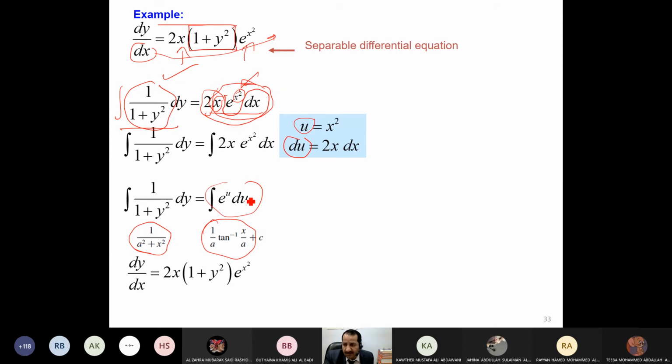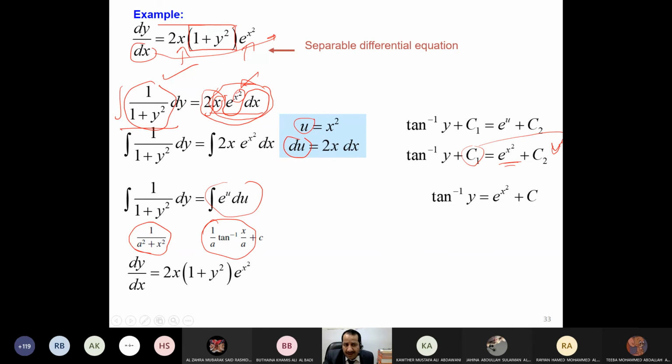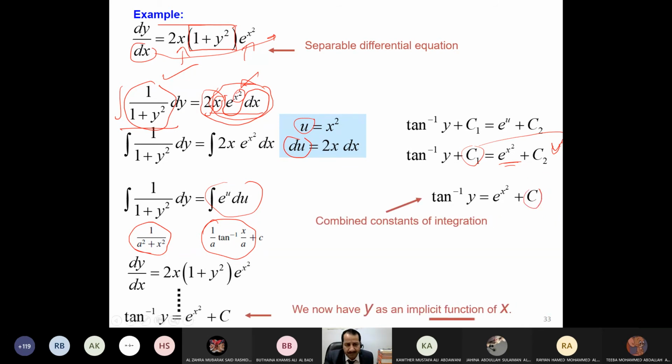Now this part can be directly integrated, it will be exponential u. Then if I substitute back u by x squared, I have this expression, as you can see here. Take c1 to the other side, it will be c. For that, usually we directly write c. That's it, done.